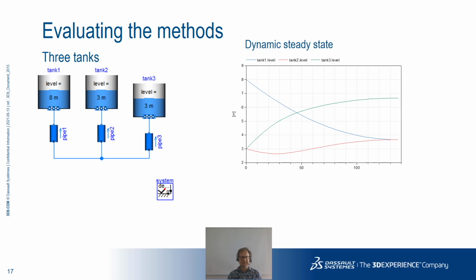We take a simple example from MSL with three tanks, and we see first that if we set it up to find the dynamic steady state, it just automatically finds the obvious solution here, and you see that two tanks have the same level, and the third has a higher level to match the different heights of them.